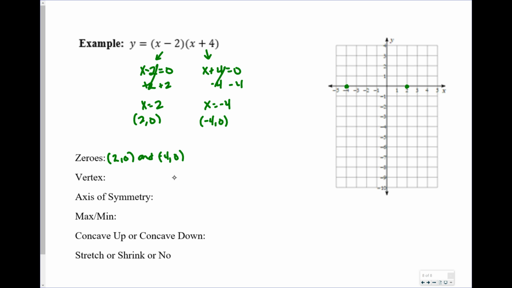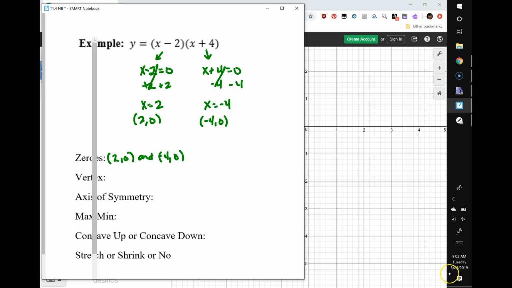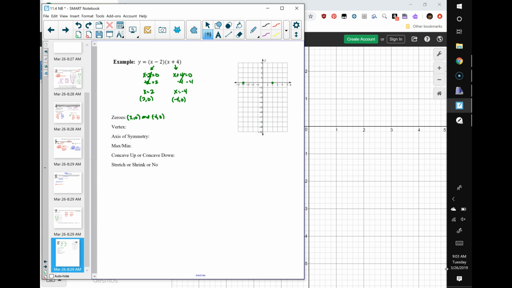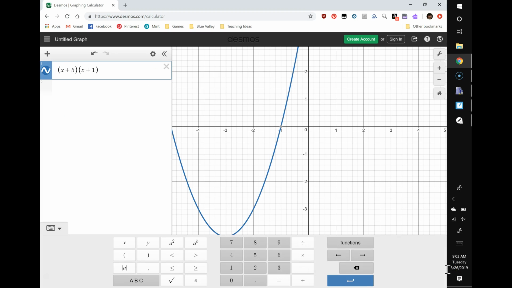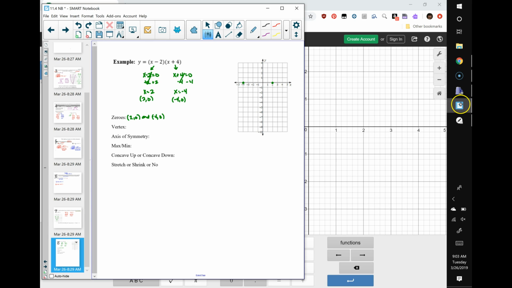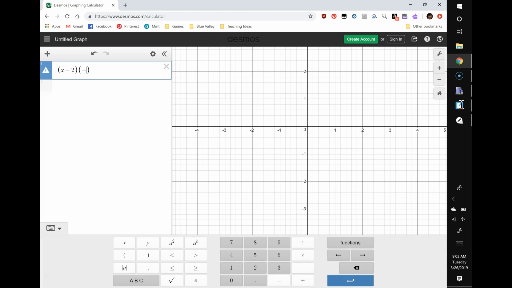The vertex, I'm going to go to Desmos, try and find my vertex. X minus 2, x plus 4. Let's clear that out. X minus 2, x plus 4. Is it x plus 4 or x minus 4? X plus 4. Okay, x minus 2, x plus 4.